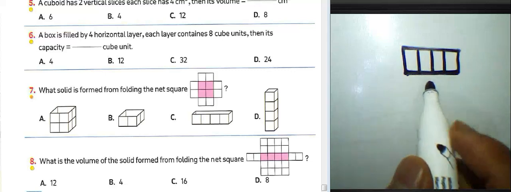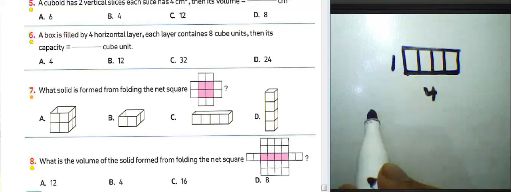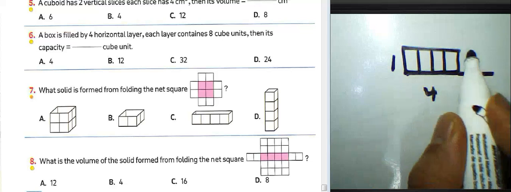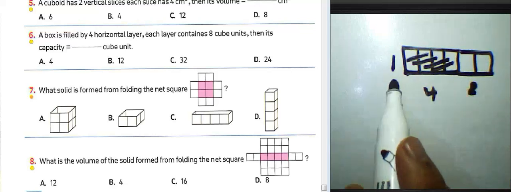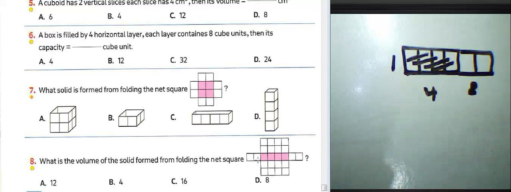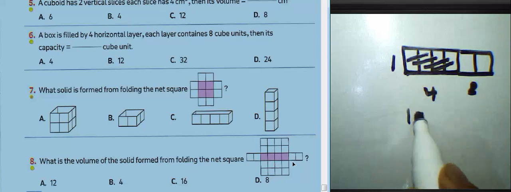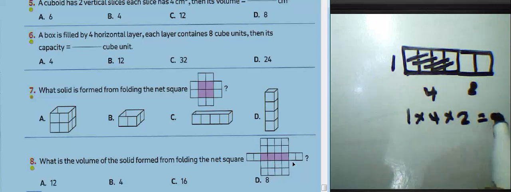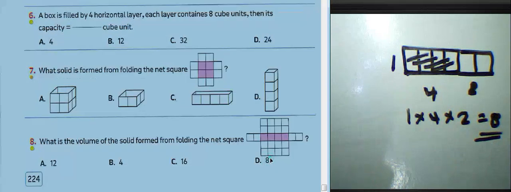We have length 4 and width 1 and the height 2. Look at here, 1 the width, 4 the length, 2 the height. 1 times 4 times 2 equals 8. The volume will be 8. Letter D.